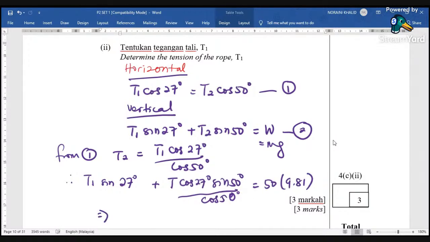Okay, so now you can try to solve for T1. You get 1.52.